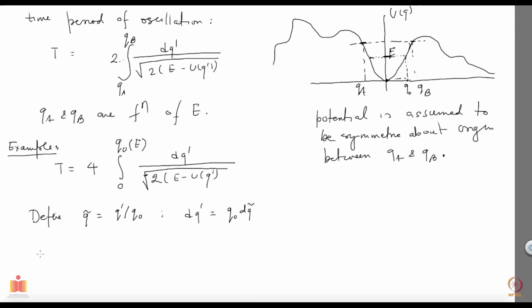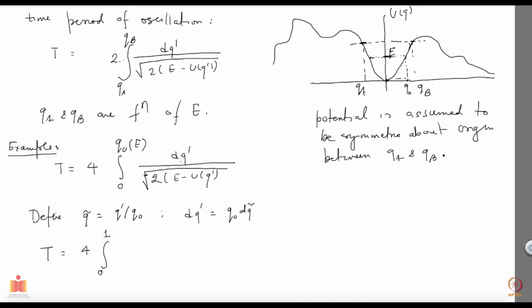Okay, that's good. So what is my time period now? Time period of oscillations. This is 4 times integral 0 to 1, because when your Q prime is q0, your q tilde is 1. So I have removed the dependence on energy from the limit of integral.